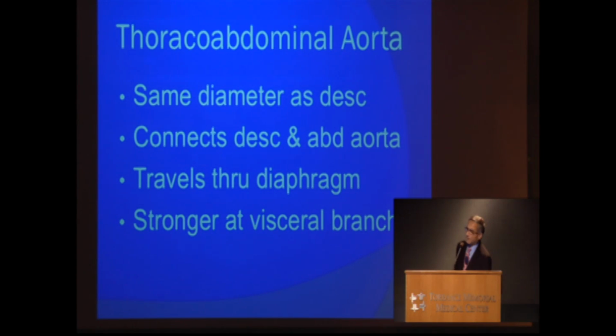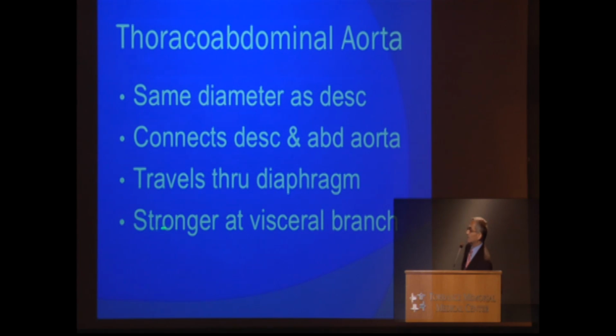Now, the thoracoabdominal aorta is the continuation of the descending aorta. Generally it is the same diameter as the descending. It essentially connects the descending aorta to the abdominal aorta, and it travels through the diaphragmatic hiatus for somewhere between 4 to 8 inches.